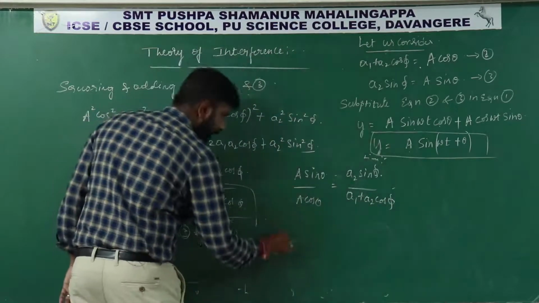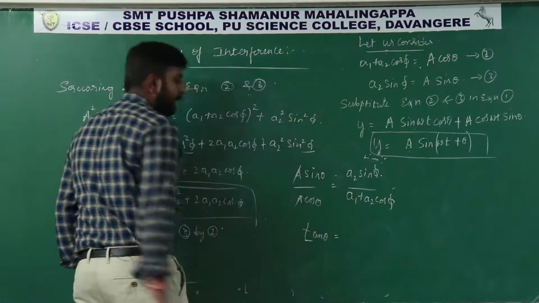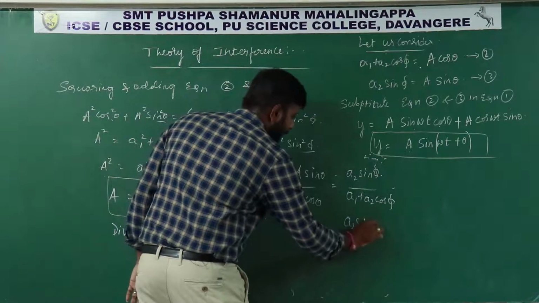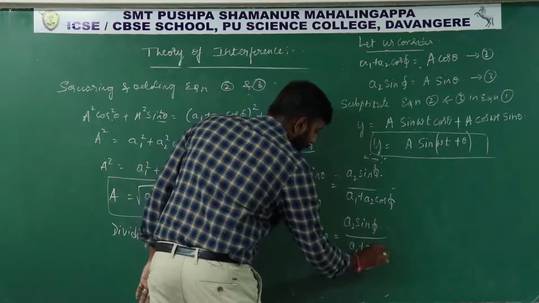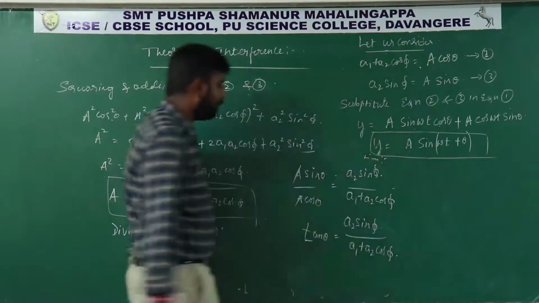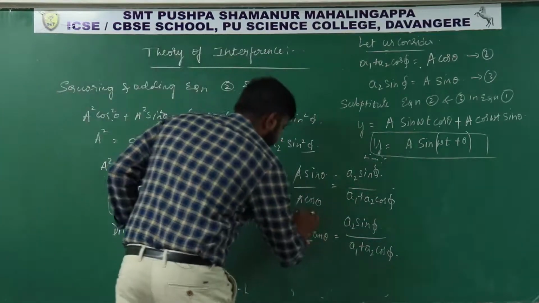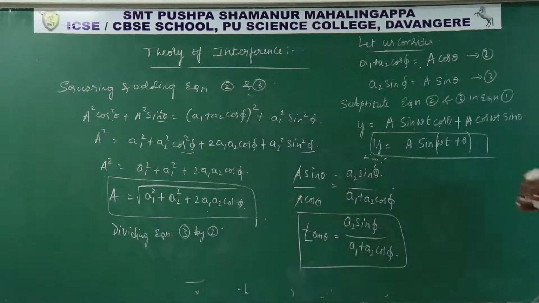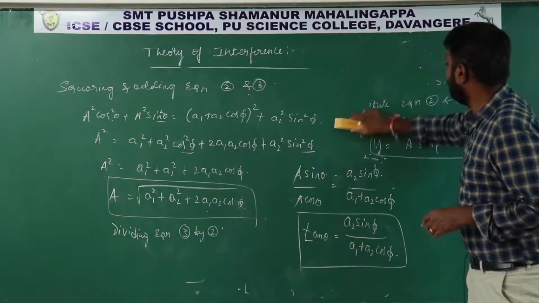So sin θ upon cos θ, here A will get cancelled, you will get tan θ. Tan θ equals A2 sin φ divided by A1 plus A2 cos φ. This is the formula to find the value of θ, that is the phase of the resultant wave.